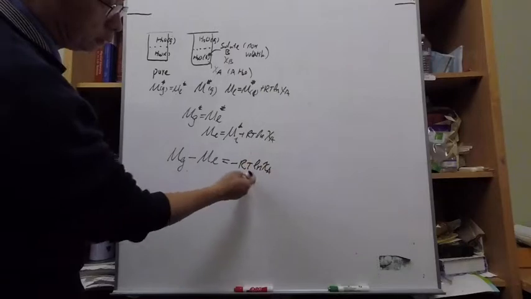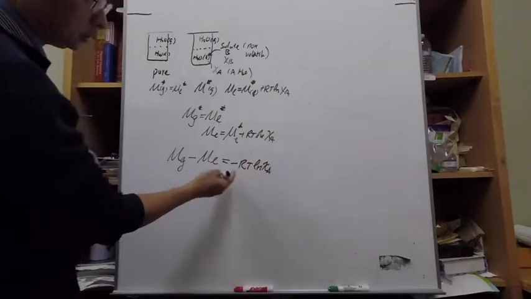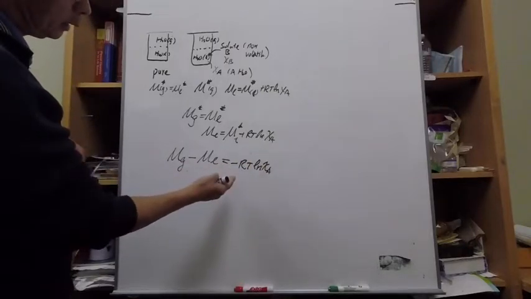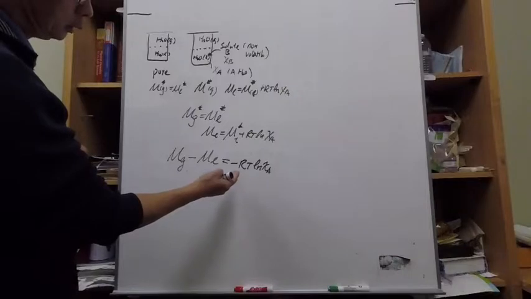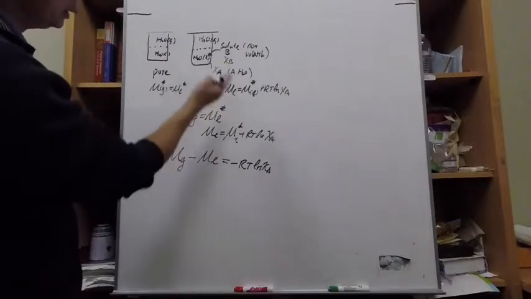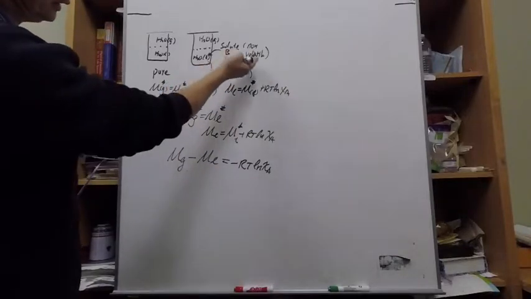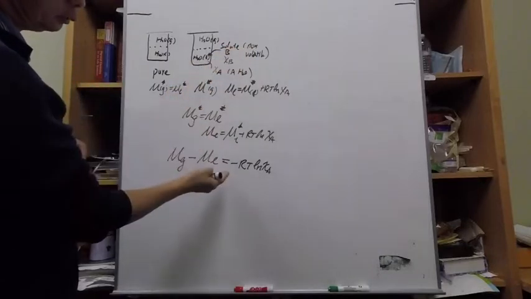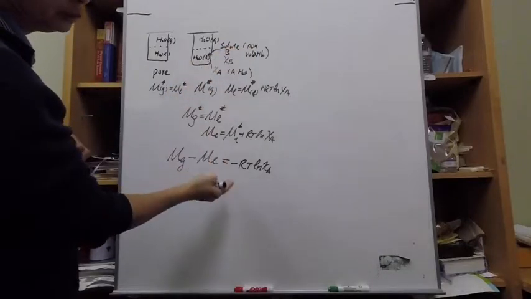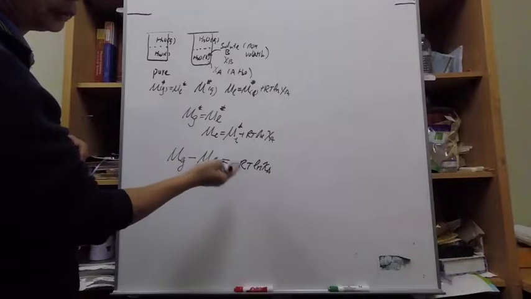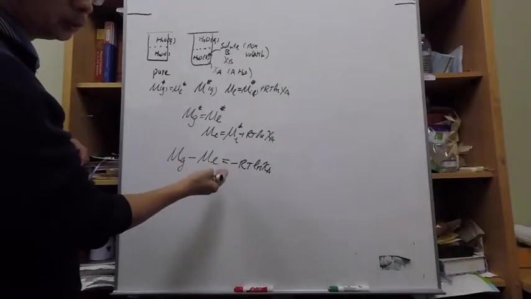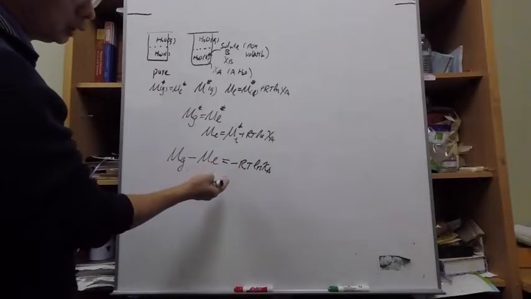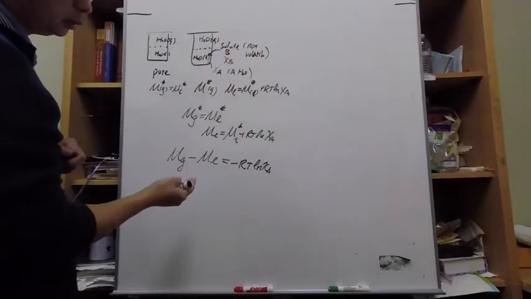This log term is negative, and the negative and negative will be positive. So this really means that the water in the solvent where a non-volatile solute is added will not be boiling at the normal boiling point, because its chemical potential has been lowered by the non-volatile solute.